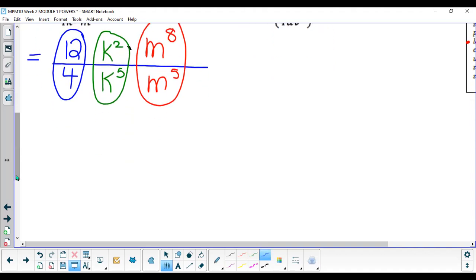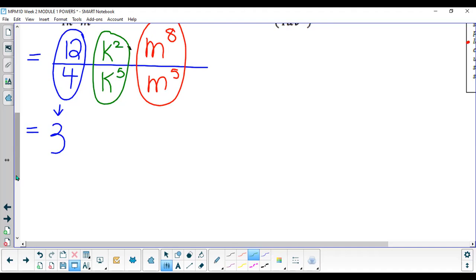So first of all, my constant numbers or my coefficients, what is 12 divided by 4? So you should see a lot of hands up. What's 12 divided by 4? Yes. 3. Thank you. So that's my answer for that. And now I'm going to switch my color. How would I solve k to the power of 2 divided by k to the power of 5?